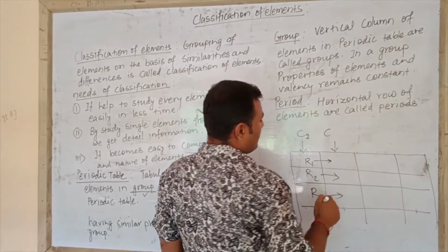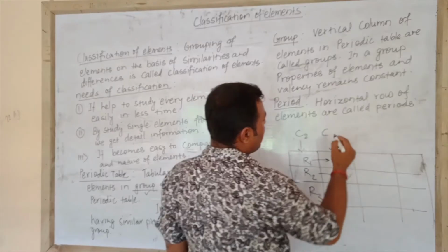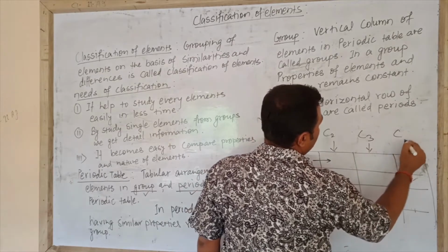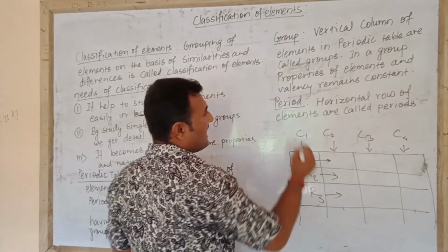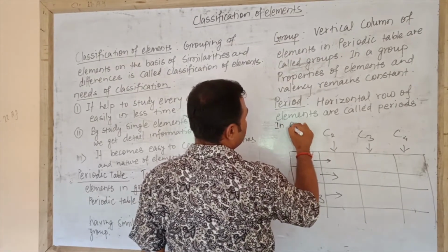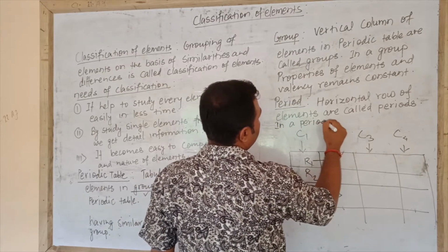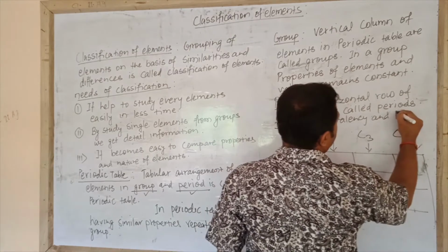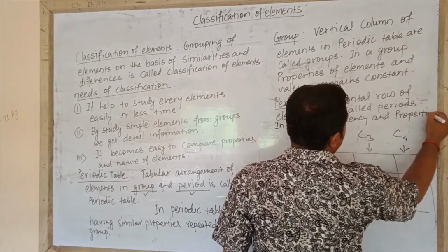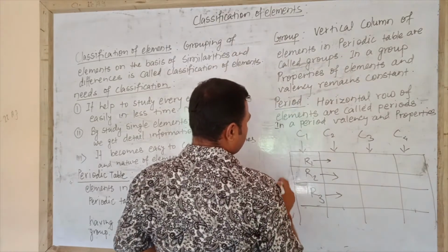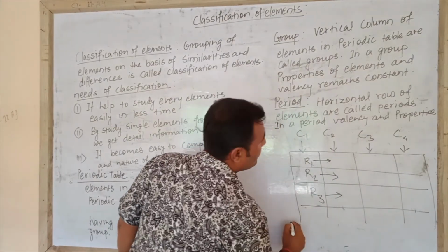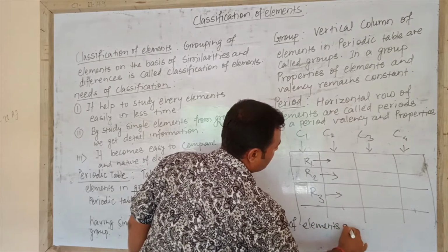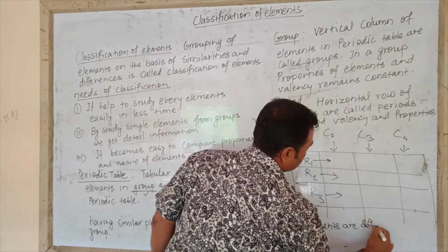And vertical columns of elements are C1, C2, C3, C4, which are groups. In a period, valency and properties of elements are different.